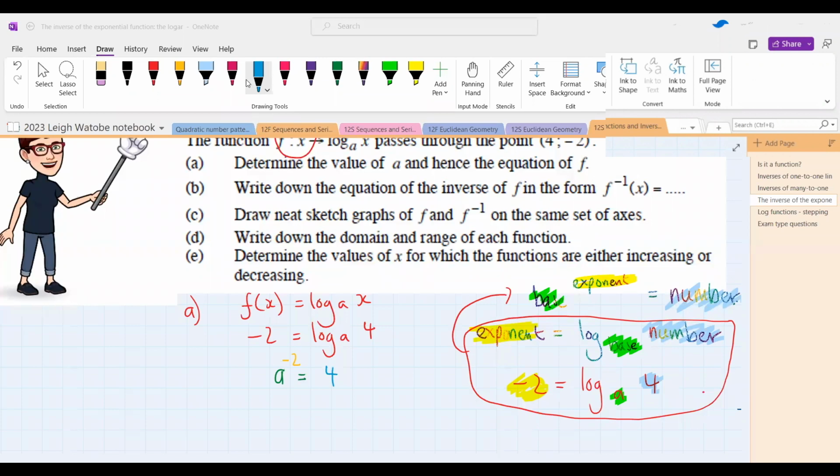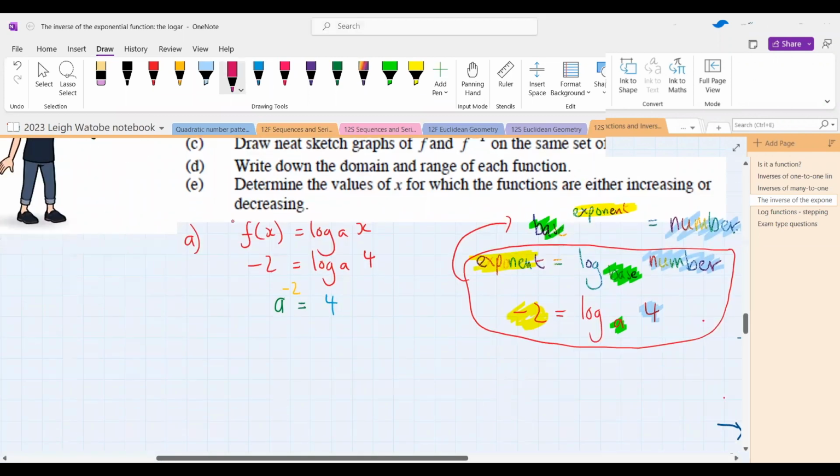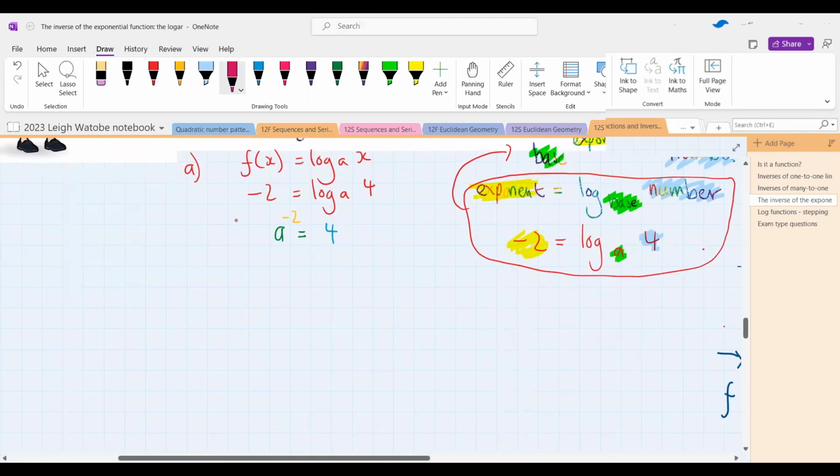Then I've got to do a little bit of manipulation. Remember, I'm not allowed to write things with negative exponents. So I'm going to write this as 1 over A to the power of 2 is equal to 4.